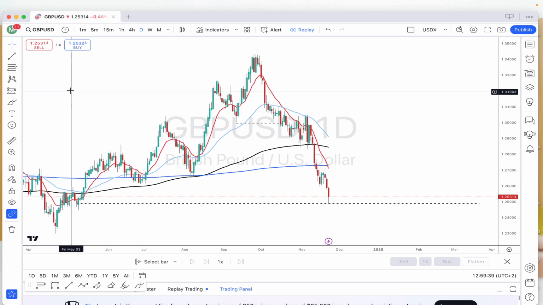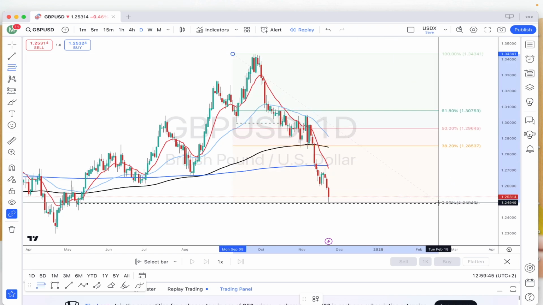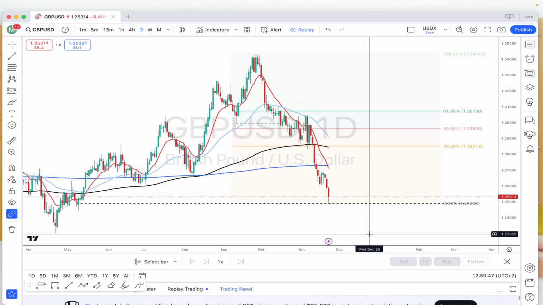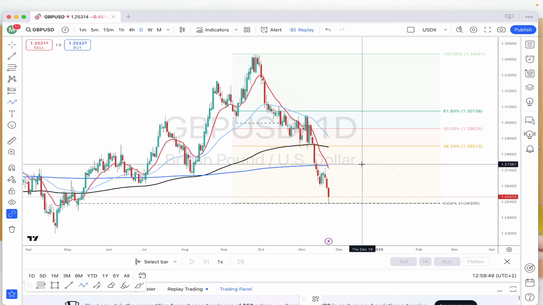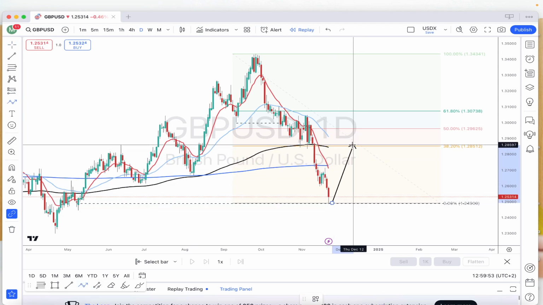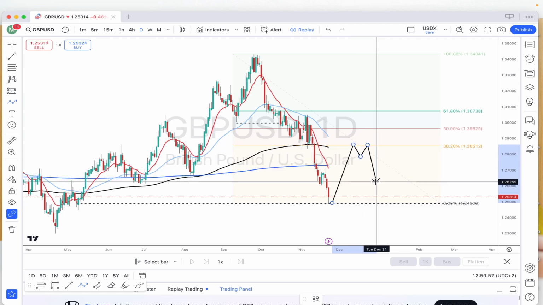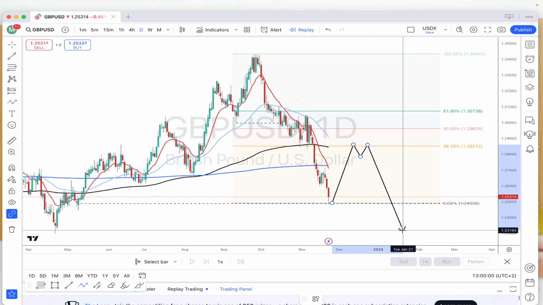Now, it's up to you if you want to see how far this will go. Maybe if you take the whole thing and you become too ambitious, my expectation is that the market can go to the 38.2 level there before it can start going down.